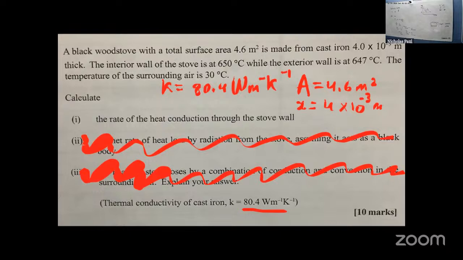Ignore the temperature of the surrounding air, we don't need that one, that's the later part. Find the rate of heat conduction through the wall. Once they say rate, you know the formula to use.